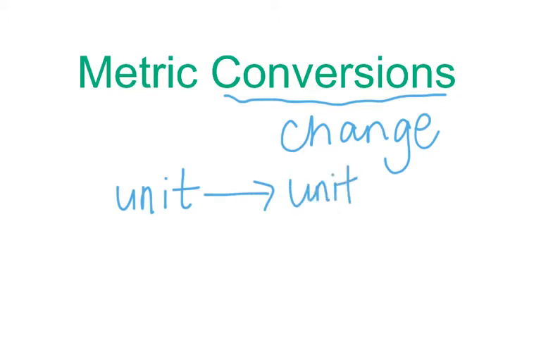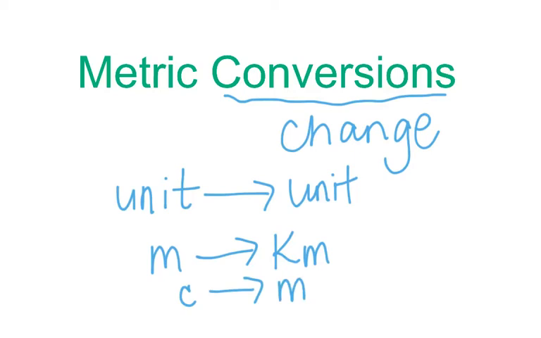For example, for metric, we may be switching from meters to kilometers. Or we might change from centimeters to meters. So we're going to move forward and we're going to be using something called a conversion table to help you see some patterns for how this works.